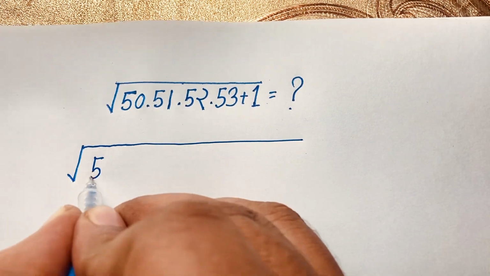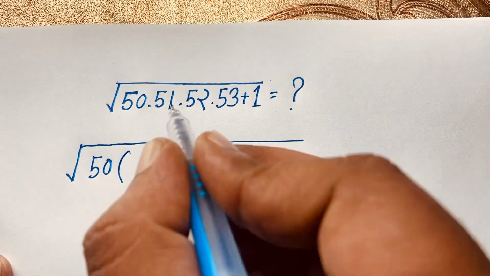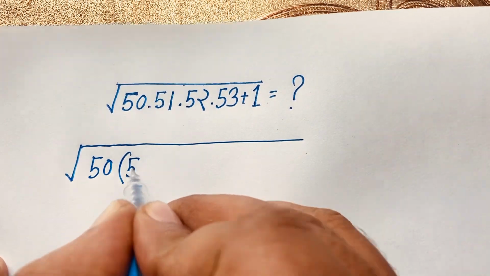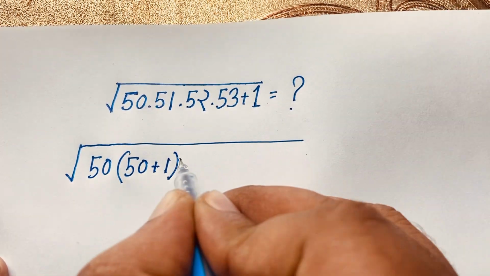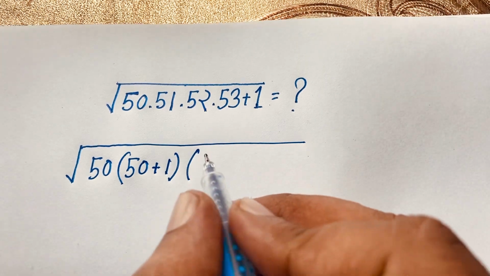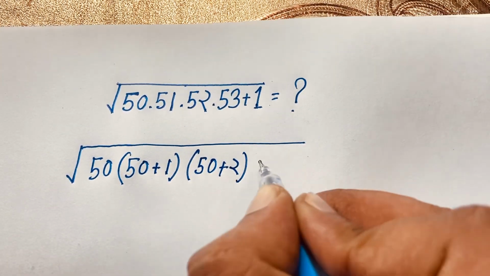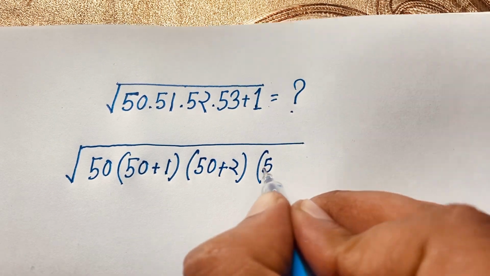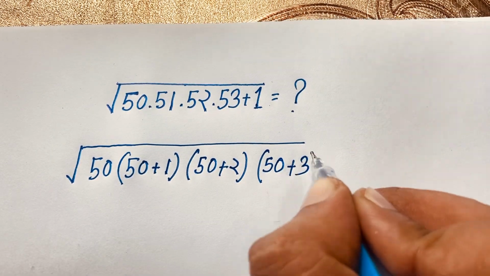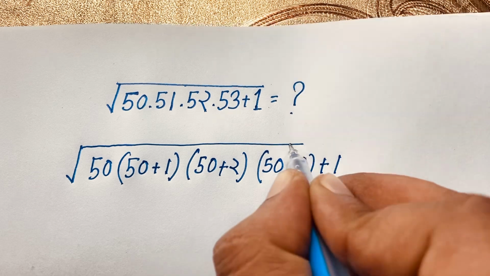I take the 50 as it is; 51 will be 50 plus 1, and 52 I can easily say will be 50 plus 2, and 53 will be 50 plus 3, and here is plus 1.